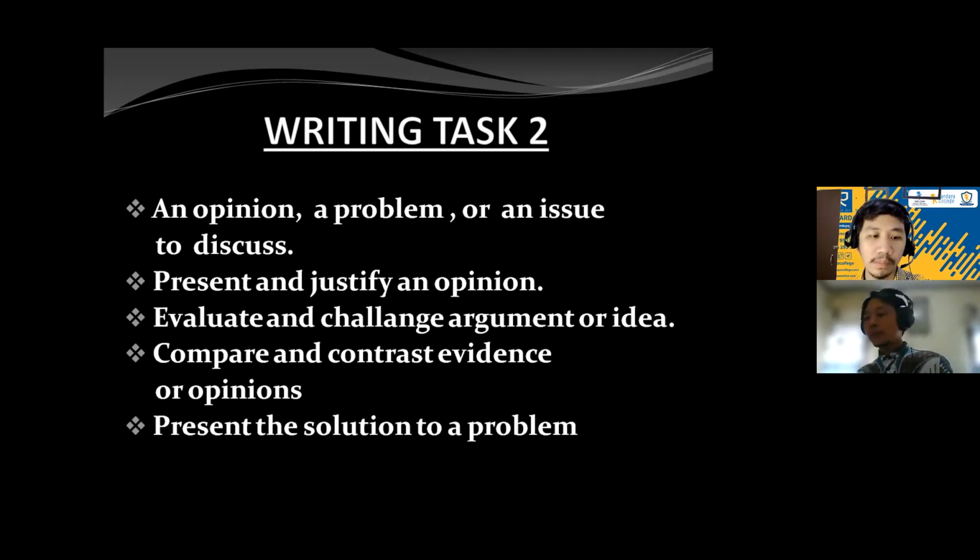Then, of course, you have to defend and back up your thesis statement, your idea. Why do you say that? Why do you select that option? Again, present and justify your opinion. You have to have clear and relevant examples, and a sufficient number of ideas to support your opinion.